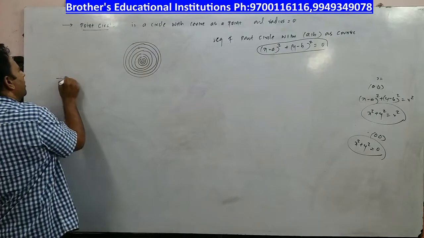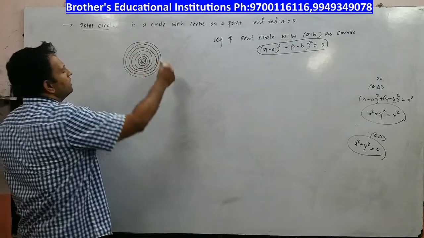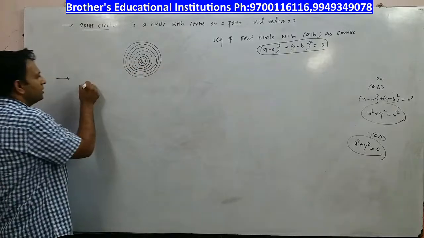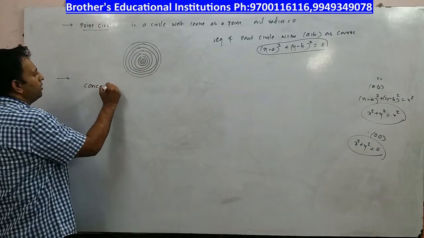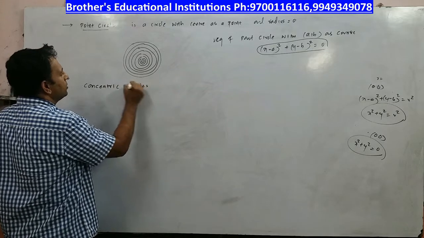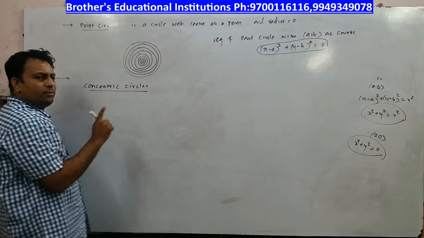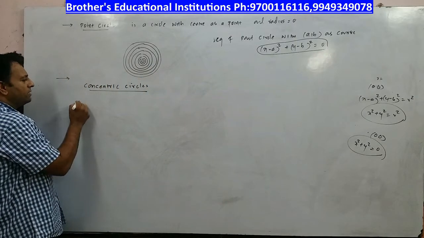Now once you have understood what a point circle is, can you see, students, what are these? These are called concentric circles. So let me explain to you what you mean by concentric circles. What is happening to all these circles? You are seeing that the radius is changing but the center is remaining fixed. So what are concentric circles?